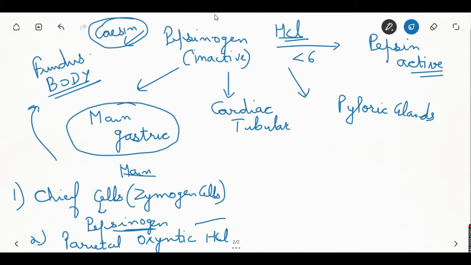Second, the parietal or oxyntic cells that secrete HCl are found in the body of the stomach. The function of HCl is that it helps in killing the ingested bacteria, so it has a bactericidal effect. It helps in iron absorption by converting ferric to ferrous ion.